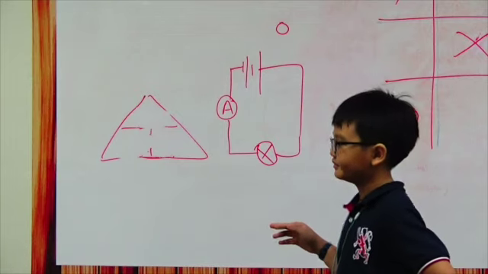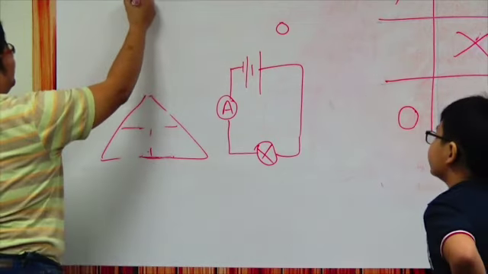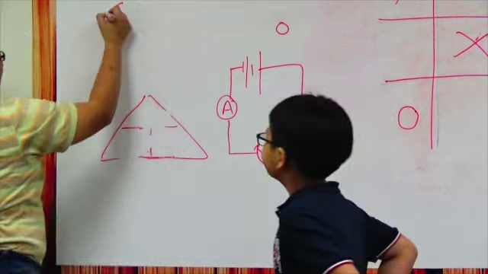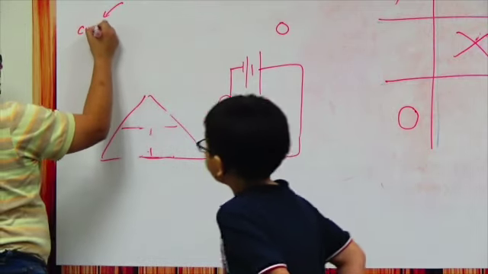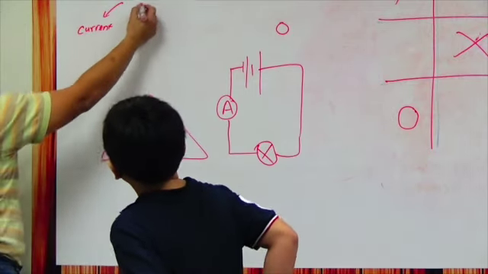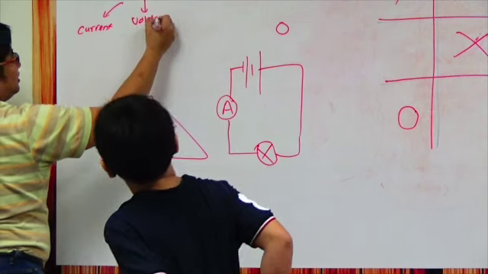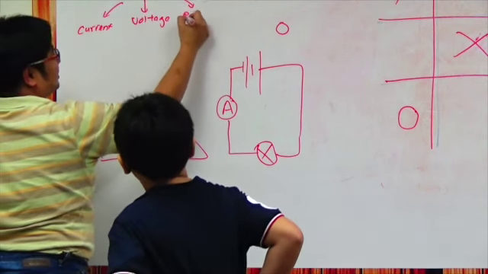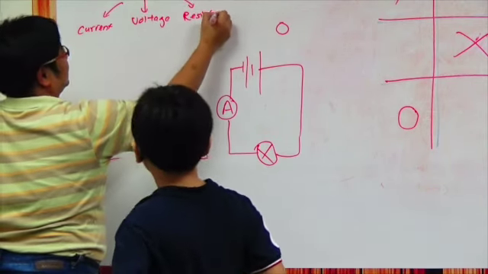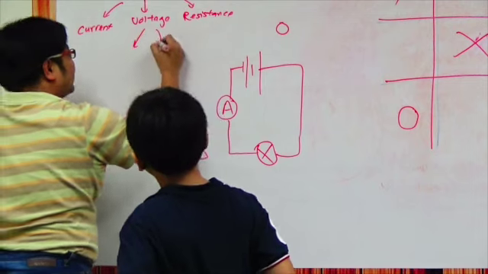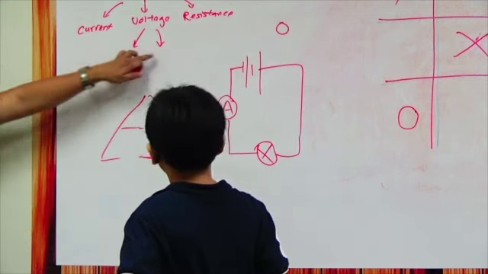Remember the arrows I wrote down? I wrote down current, then voltage, then resistance, correct? Then after that I say that the voltage divided into what are these two?